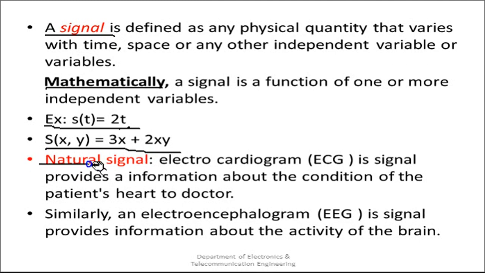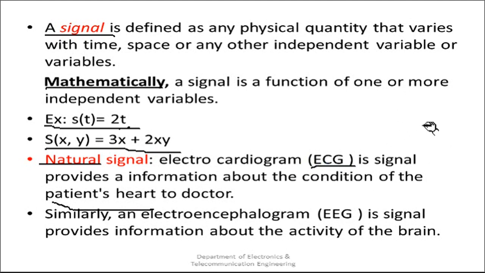Like the natural signal, when we say ECG, it is nothing but electrocardiogram signal. So it is the signal that provides information about the condition of the patient's heart. Here we are dealing with some of the waveforms which are being monitored based on their heights, like the ups and downs, and these waveforms are simply called ECG.